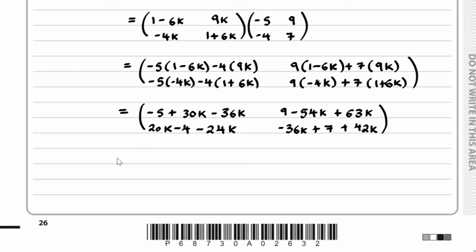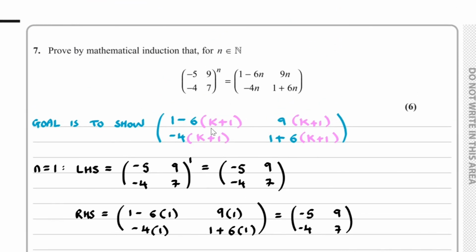And if I multiply this out, I've got minus 5 minus 6k, minus 4 minus 4k, 9 plus 9k, and I've also got 7 plus 6k. And is this result the same as what I wanted to show here?